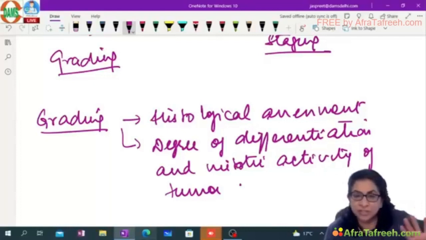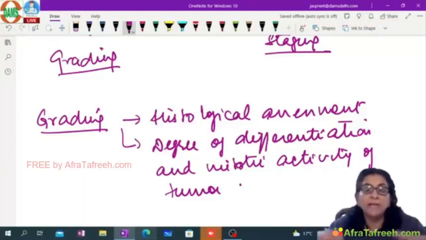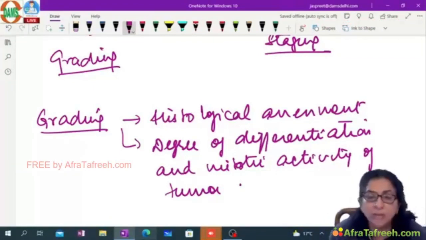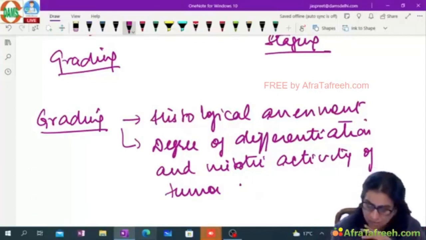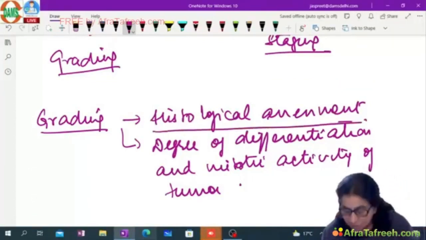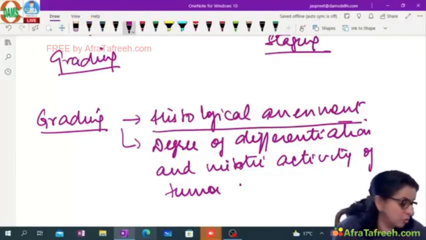It's a malignant tumor but well differentiated, or it's moderately differentiated, or it's poorly differentiated, or it's anaplastic, that is complete lack of differentiation. And they will also tell you about the mitotic activity. So if there is too much mitotic activity, that means the tumor is multiplying very fast. So that is grading. Grading is basically histological assessment done by a pathologist by looking at the tumor under the microscope, and they tell you about the degree of differentiation of tumor.